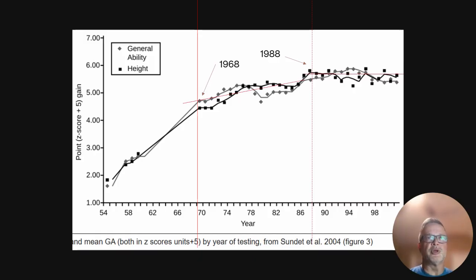Why am I showing you this graph? Because it's taken on a population that is of the same age, right? So each data point is taken on guys that are of the same age, so we don't have this averaging effect of the entire population.